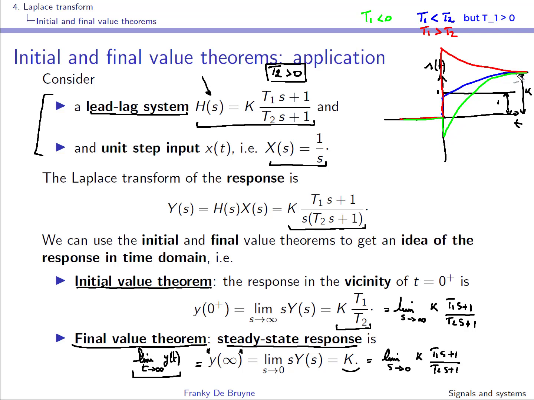So by using the initial and final value theorems, you can determine the step response of this lead-lag system that you did not know up front without actually computing the inverse Laplace of y of s.